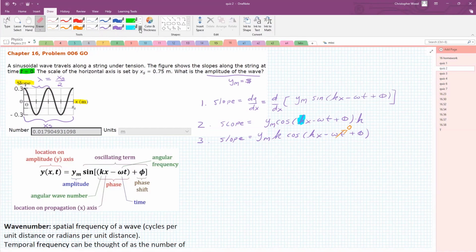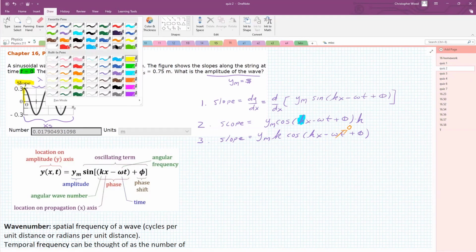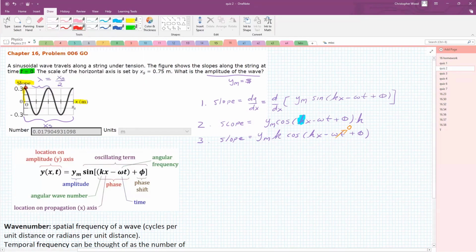The value of the slope at x equals 0 is, for me, 0.3. Right there, that red dot.